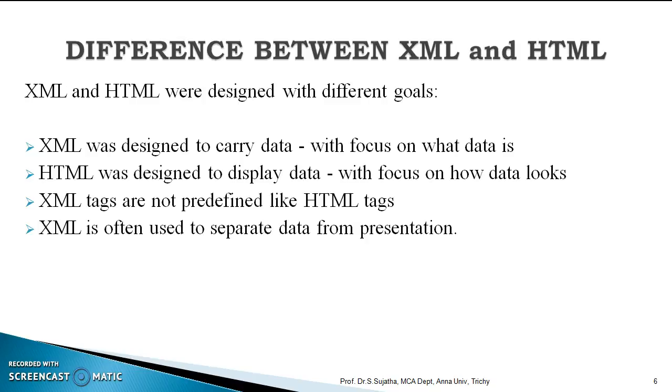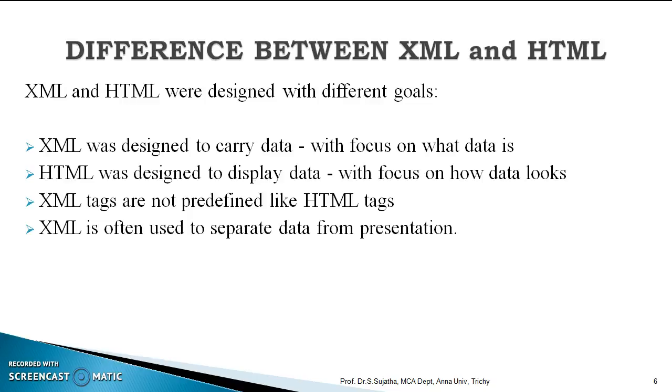What is the difference between XML and HTML? Both are for different purposes. First, XML is derived from HTML at version 4.2. The important reason why XML was derived is to carry data.